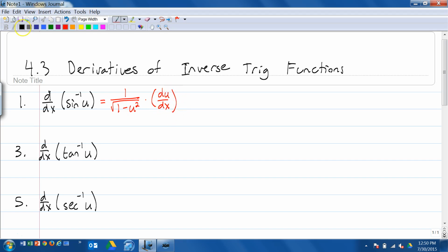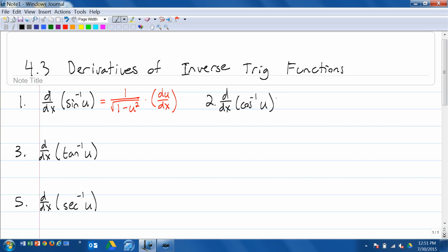Okay? Now the second one, and why I didn't have it listed yet, is the derivative of cosine inverse. Just like how all the cofunctions for regular trig had opposite derivatives, these are exactly opposite. They're all negative, but they're all completely opposite.